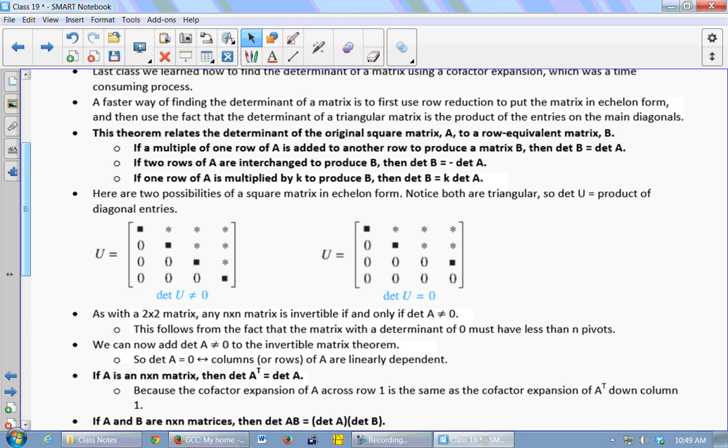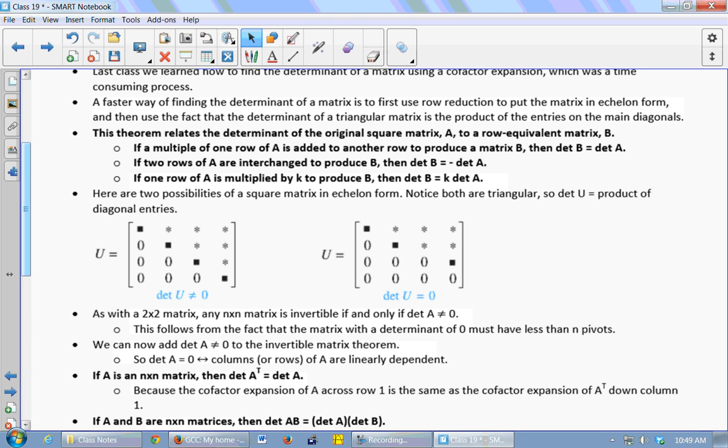So the key to using this process is to know how row operations affect the determinant of a matrix. This was like the main theorem of this section. I think it was called Theorem 3 or something. It says if you have a square matrix A and you use row reductions to turn it into matrix B, anytime you take a multiple of one row of A and add it to another row, the determinant doesn't change, right?